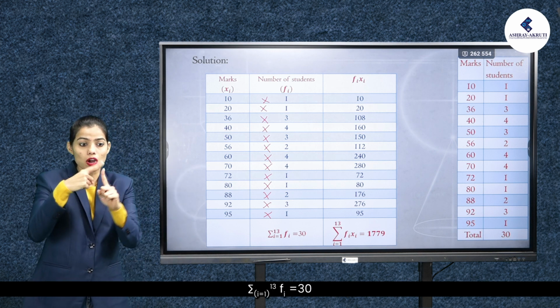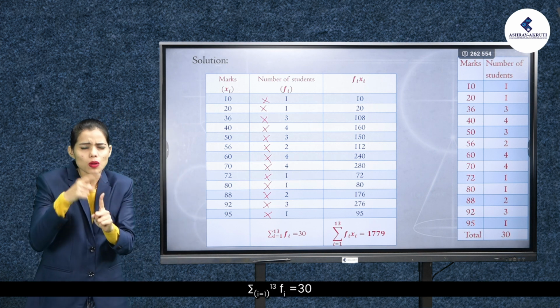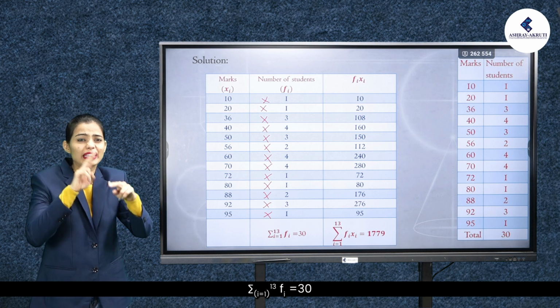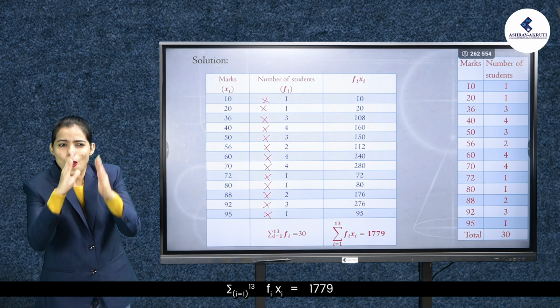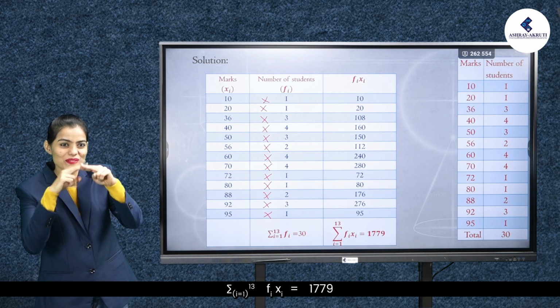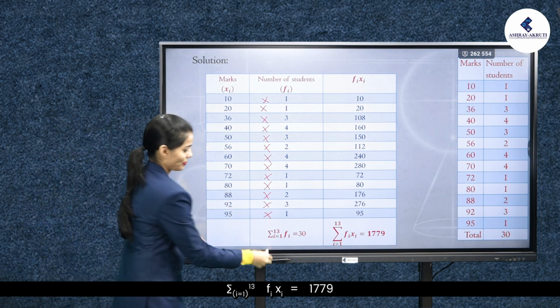The sum of the number of students fi is equal to 30 and the sum of fi xi is equal to 1779.